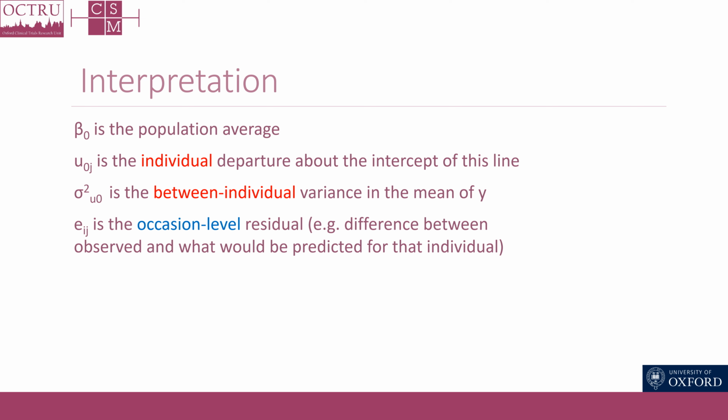Sigma square U naught is the variability of all these individual departures, how all these U naught j vary, summarized by sigma U naught, the between individual variance. And EIJ is the observation, and in our case, because we have time, the occasion level residual, and it represents the difference between observed and what would be predicted for the particular individual.